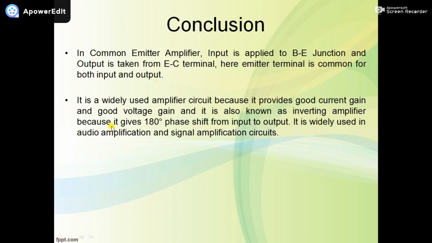And second thing is, it is widely used as an amplifier because it provides good current gain and good voltage gain. It is also called an inverting amplifier, because if you apply positive Vin, output is negative Vout. If input is negative, then output is positive.